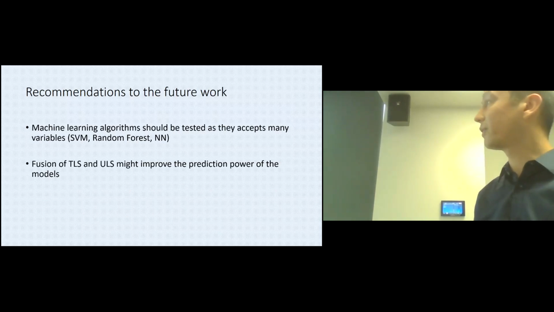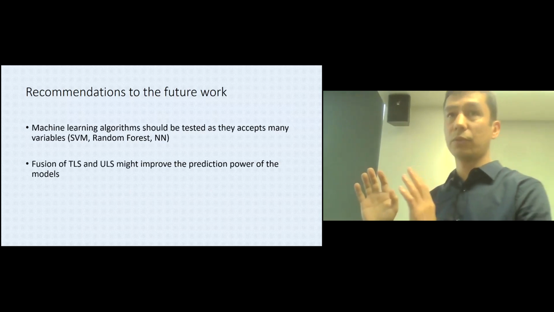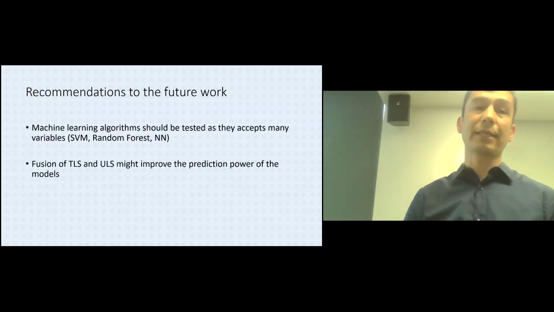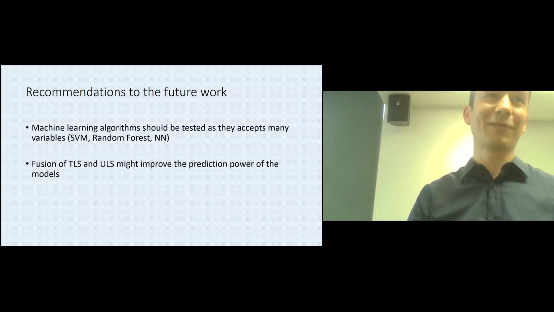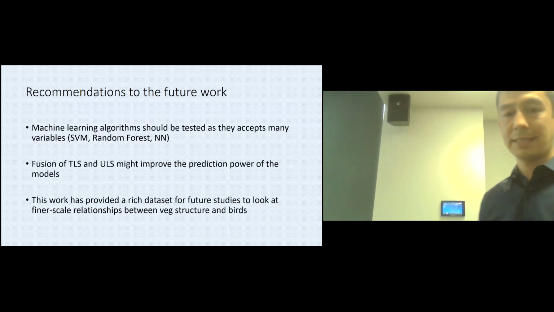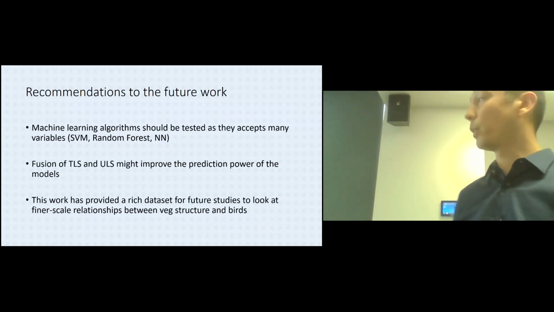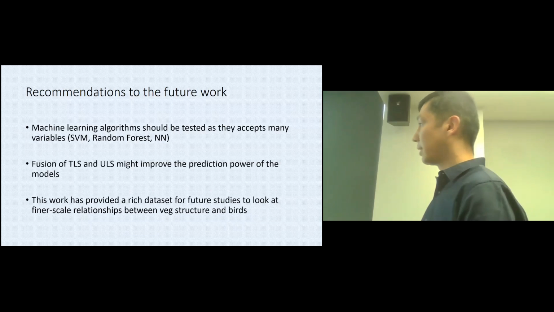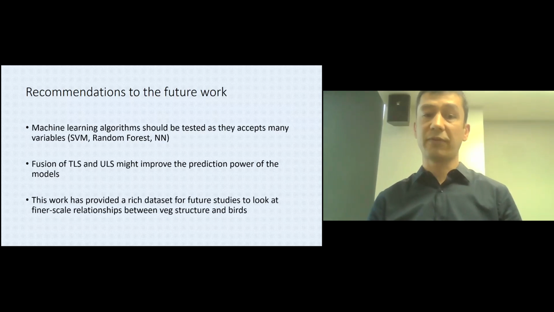Also, fusion of TLS and ULS might improve the prediction power. I didn't use that data either, but I'm using it for my fourth chapter, which I want to present today. So this work has provided a rich data set for future studies, in which we can look at the finer scale relationships between individual birds and vegetation structure.